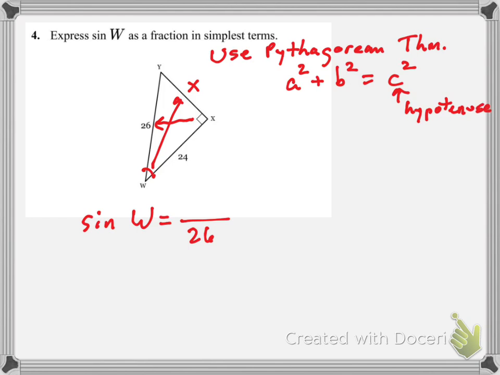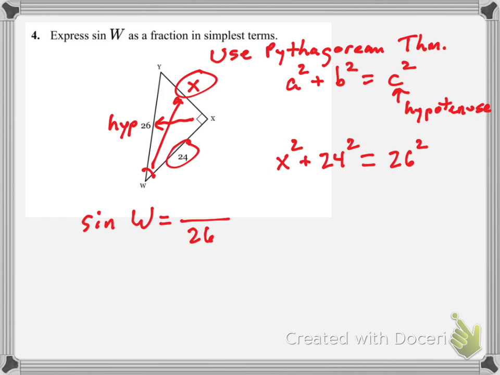So, my hypotenuse is 26. So, this equation equals 26 squared. Okay? Now, the legs are x and 24. So I've got x squared plus 24 squared. Now, I don't know how your geometry teacher taught you how to solve this equation, but we're going to make this very simple.